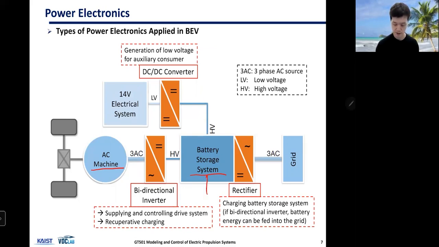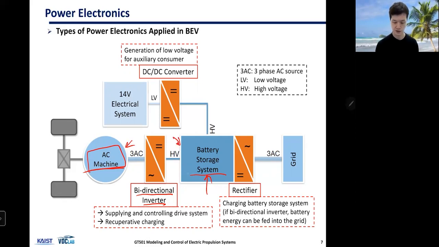But this battery provides DC signal, DC voltage and current, whereas you have AC electric machine for motoring and generation. So you need a bidirectional inverter so that you can go back and forth between DC to AC, and you also may need DC-DC converter to amplify voltage if the voltage input here is different from what you have here.